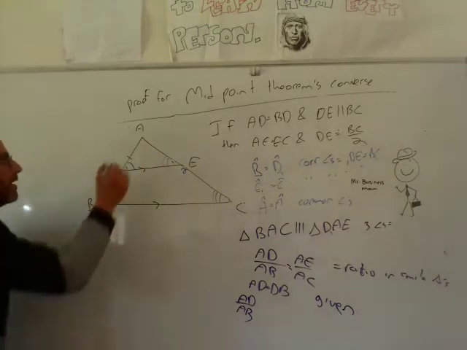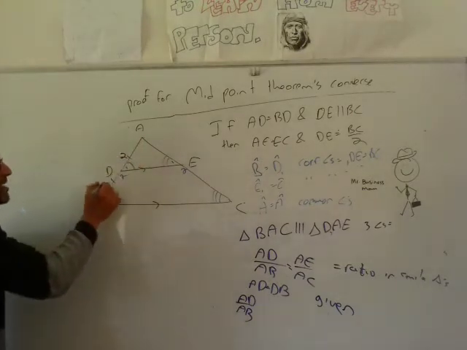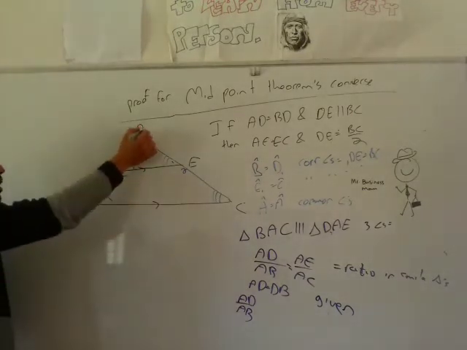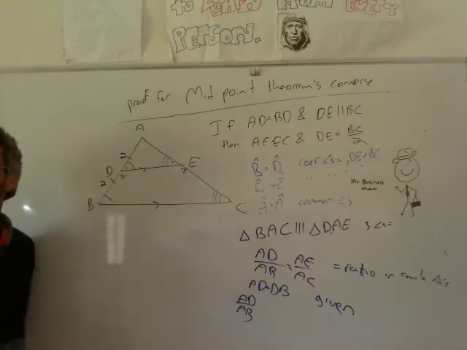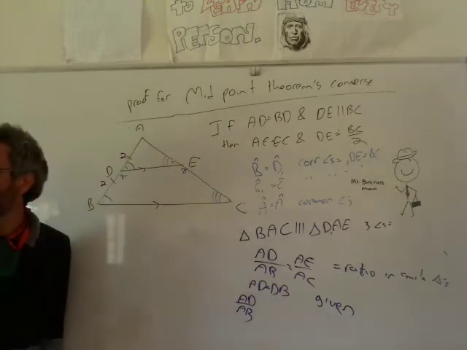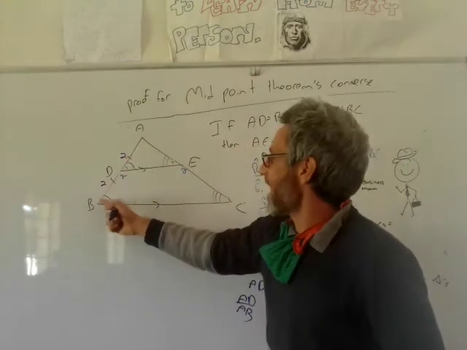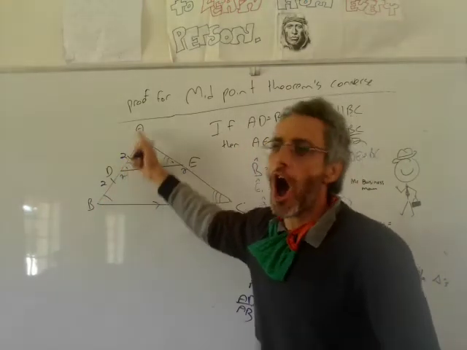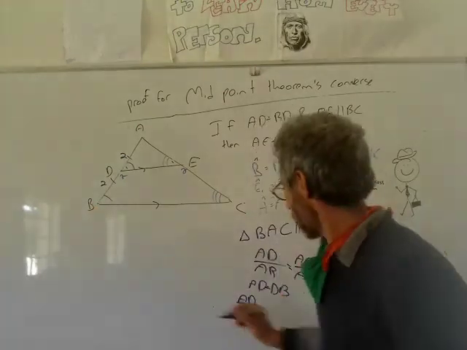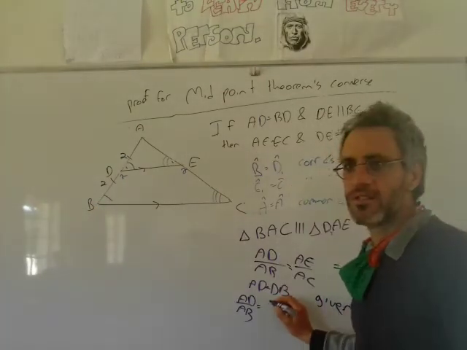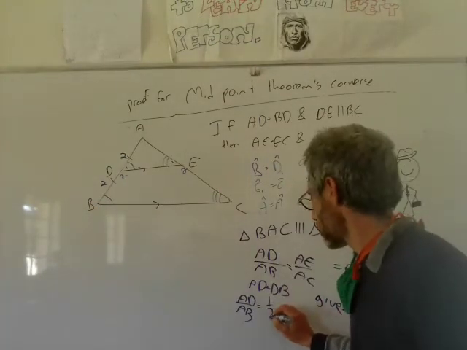Let's just give it a number. If AD is 2, how much will BD be? 2. So what will AD over AB be? 2 divided by 4. So if these two sides are the same, then that is really half of the whole thing, right? So AD over AB will be half.